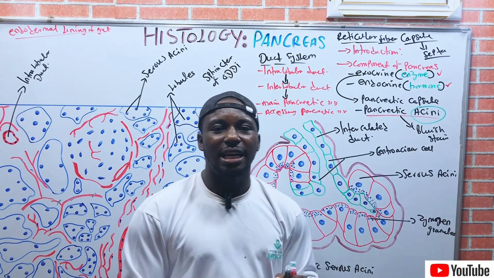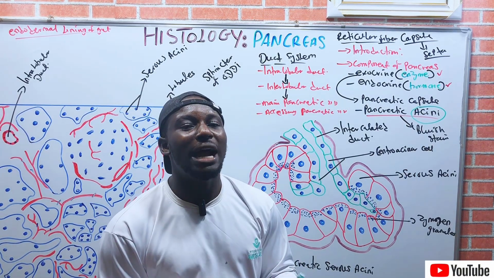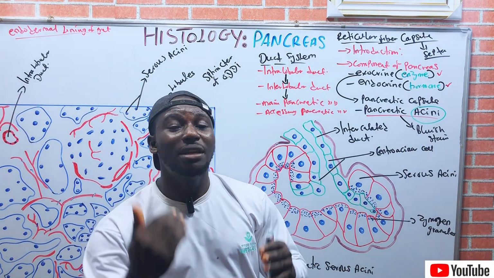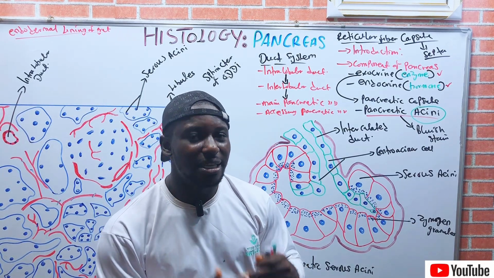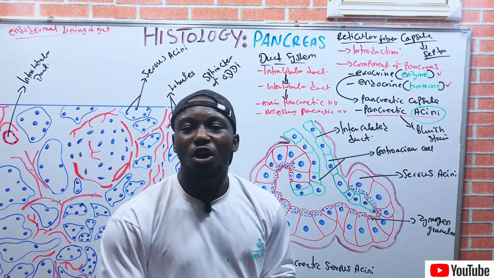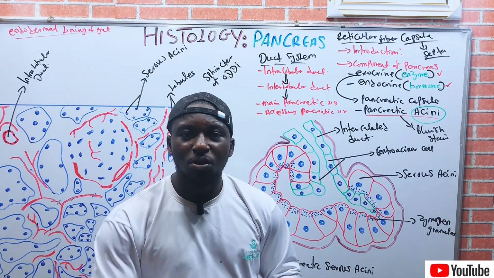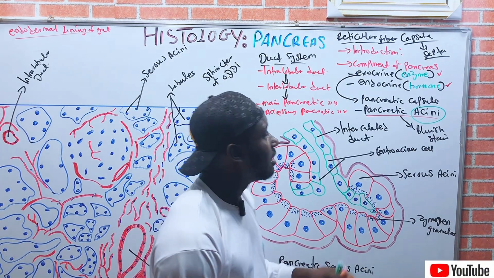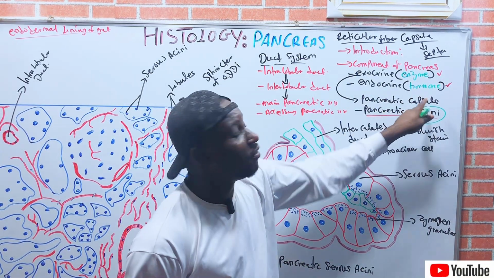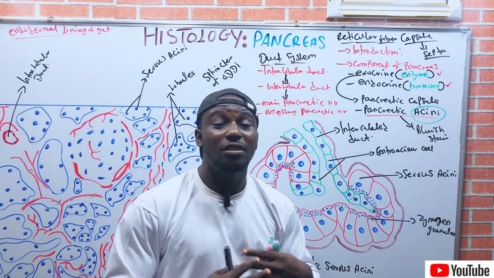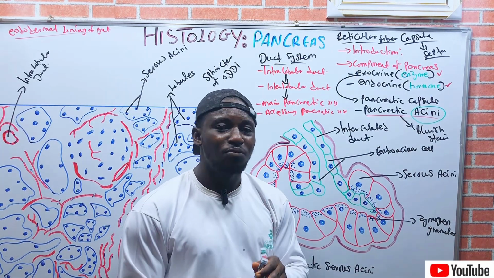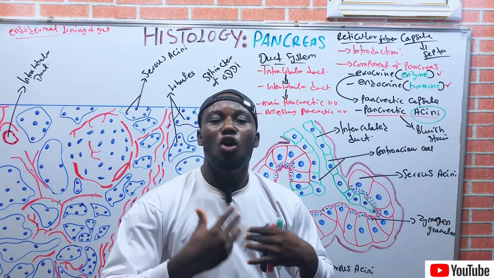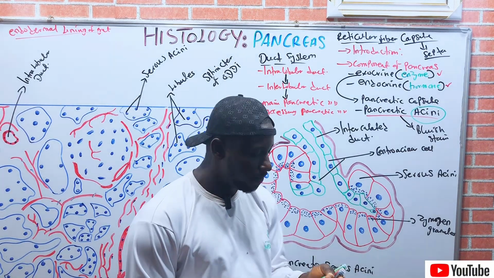You have to understand that these two hormones, produced by the alpha and the beta islet cells of the pancreas, have a profound influence on carbohydrate metabolism, lipid metabolism, and protein metabolism, right? That is for the endocrine component of the pancreas, because it is the component that is concerned with hormonal production, right?